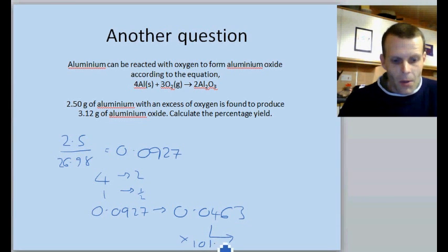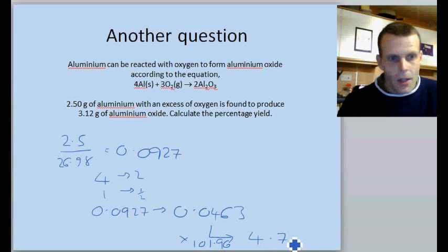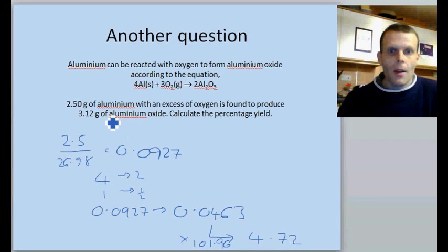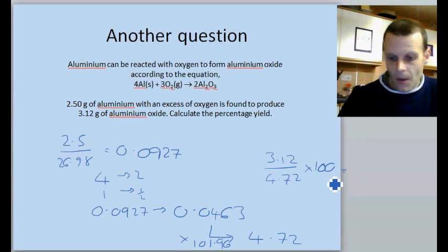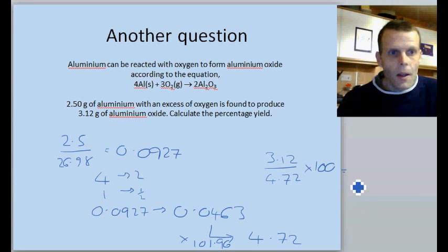The mass of 1 mole is 101.96. So that means I should be making 4.72. The actual yield is 3.12, so my percentage yield is 3.12 divided by 4.72 as a percentage. And this time I've got 66%.